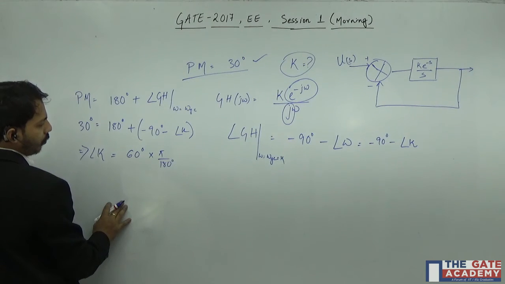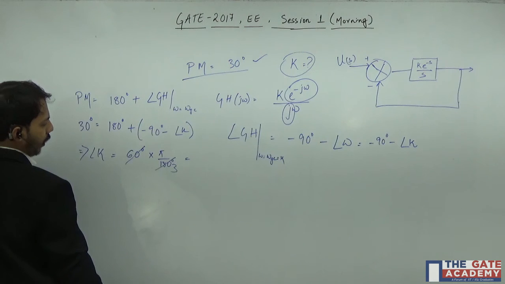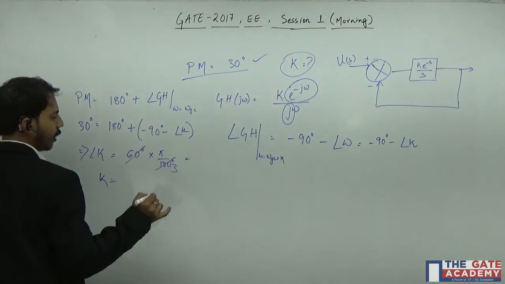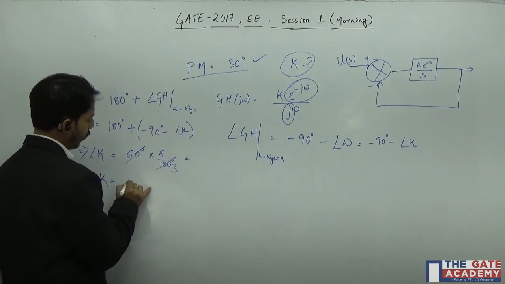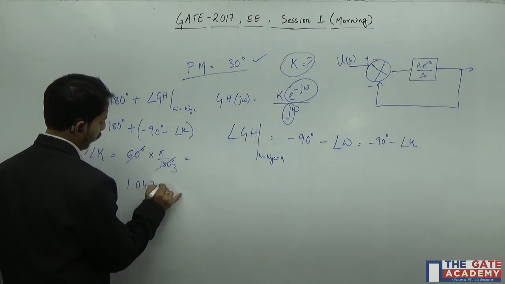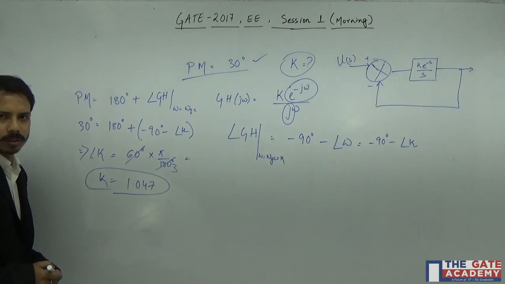So it becomes pi by 3. So the K value is nothing but pi by 3, and that value is 1.047. So this is my answer.